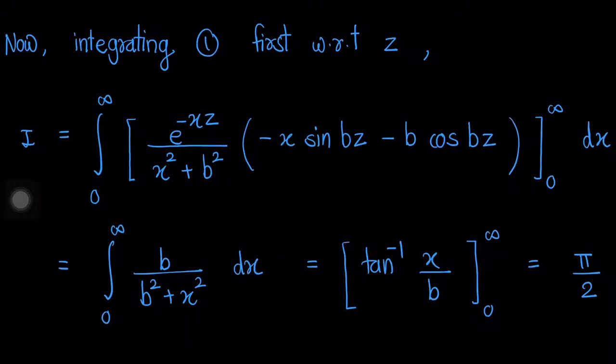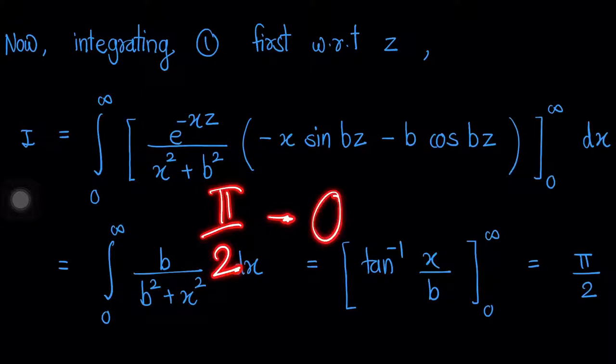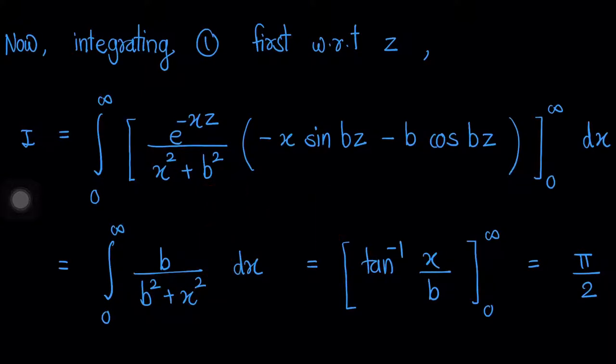So this is equal to tan inverse of x by b, limit from 0 to infinity. So by putting the upper limit first, that is tan inverse of infinity, and that is going to be pi by 2 minus lower limit. So lower limit is 0, so tan inverse of 0 is 0. So the answer of this is going to be pi by 2.